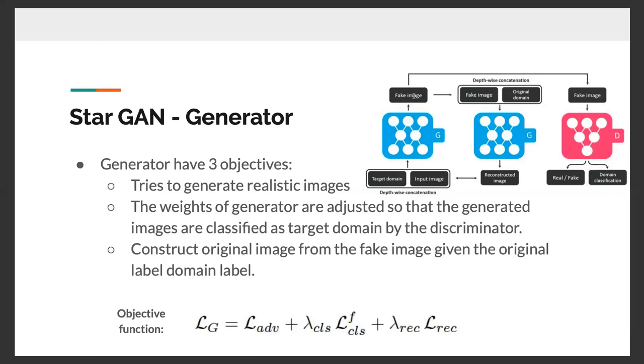And now, besides the real or fake task, we also want to tell what's the age of the fake image, right? So the objective function of the generator here is the adversarial loss like we introduced before, and a classification loss, and a reconstruction loss here.